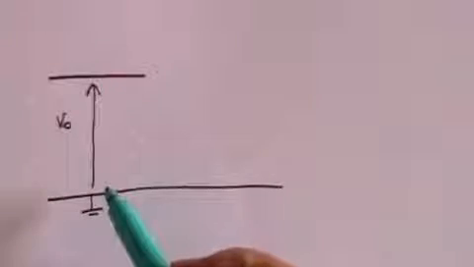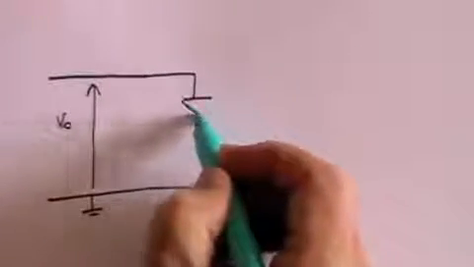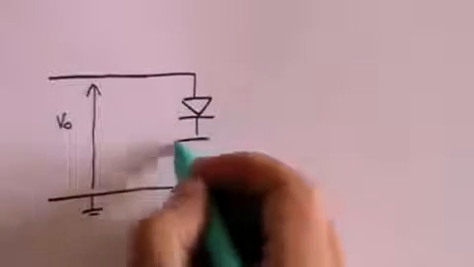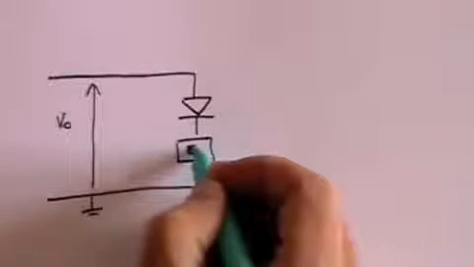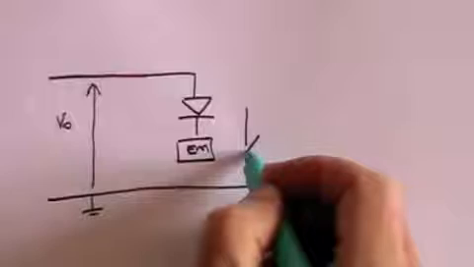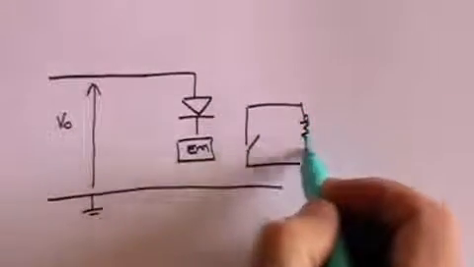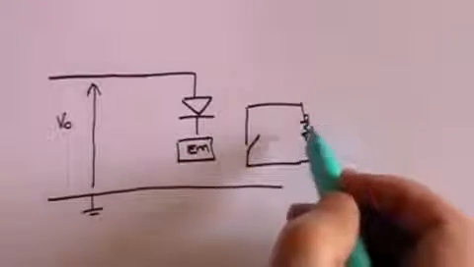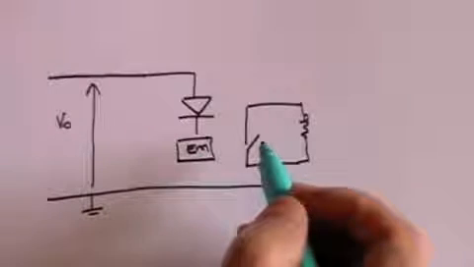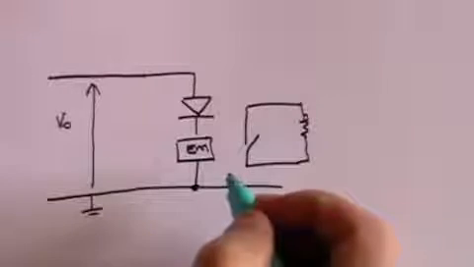This is now the output voltage, and what we're now going to do is to connect this to a diode and then to our electromagnet, and on this side we're going to have the switch, which is part of an entirely different circuit. Somehow in here we've got some gobbledygook. We're switching on lights, we're switching on heaters, whatever it may be. This is the business. The electromagnet will cause the switch to open or close, as the case may be.